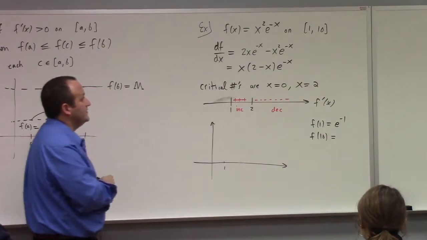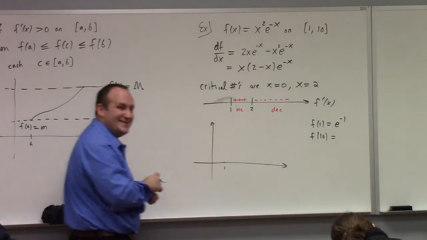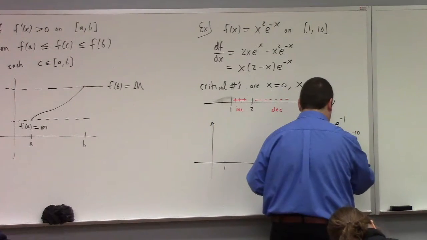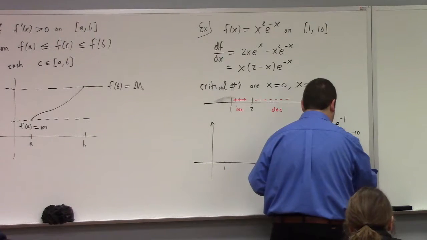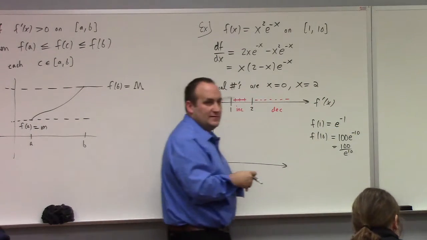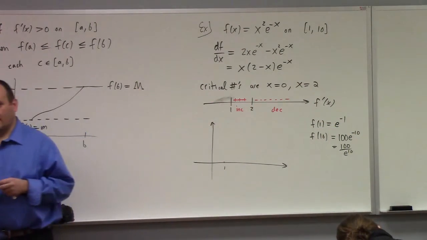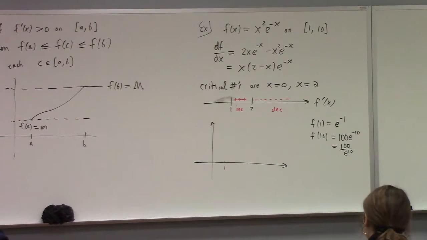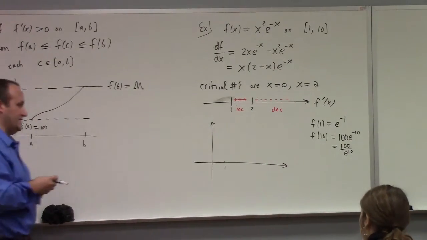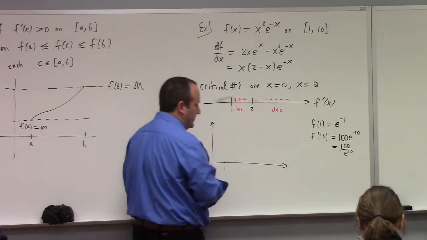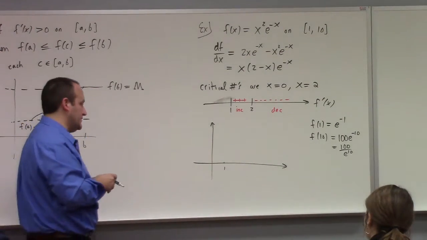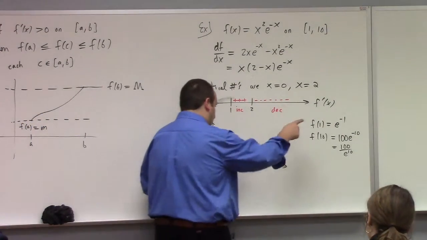It's 100 over e to the 10. What's e to the 10? I don't know. It's big. It's probably 100,000 or something. But it's rather large, so 100 over e to the 10 is very small, close to 0. This is 1 over e.